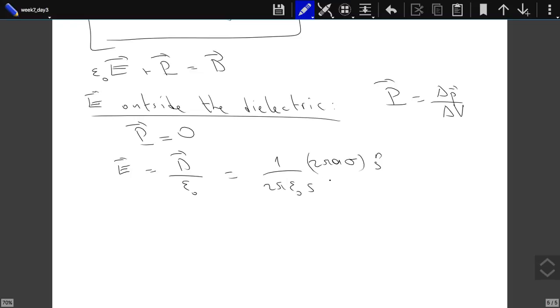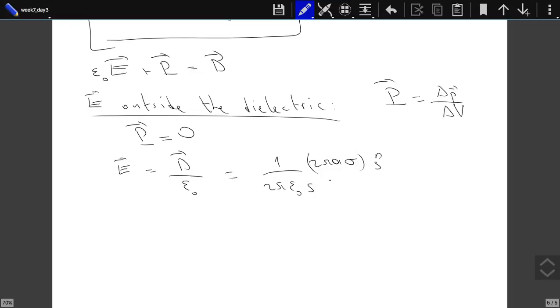It is just a vacuum result. I mean, the dielectric around our wire doesn't really influence the electric field outside the wire. Yeah, that is kind of expected because the dielectric has this cylindrical shape. There will be some charge density induced, but it will also be cylindrically symmetric.